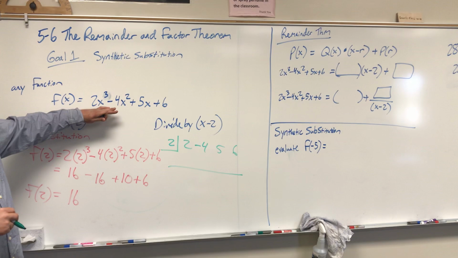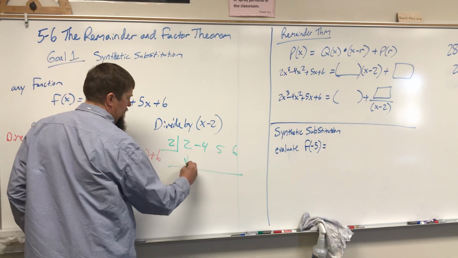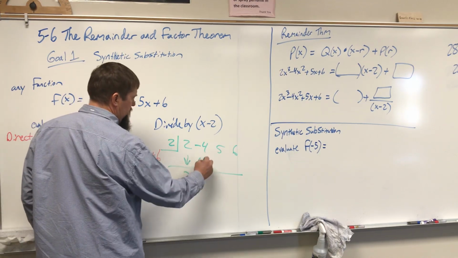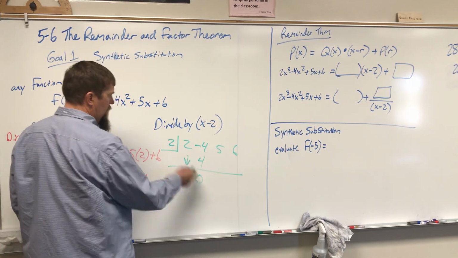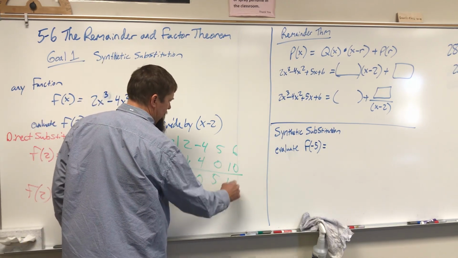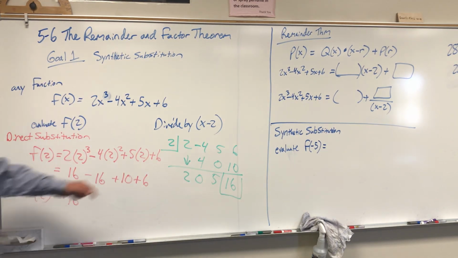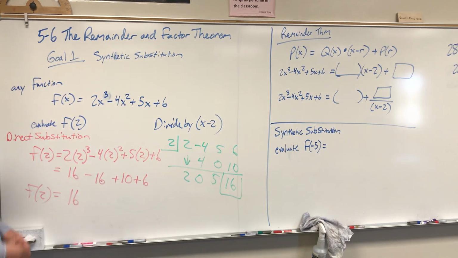I drop the 2, multiply, 0, multiply, add, and I get 16. The remainder, when you divide by x minus 2, is 16. When you evaluate f of 2, it's also 16. That is the remainder theorem in a nutshell.